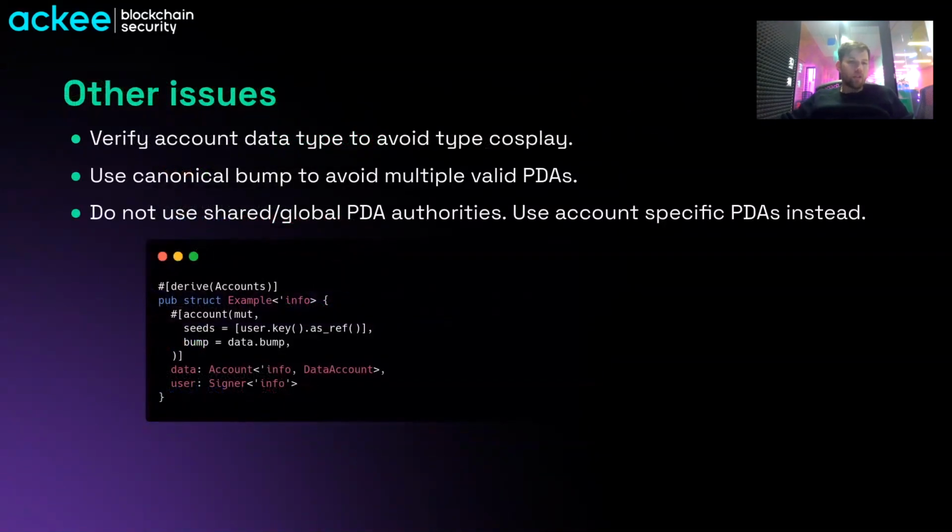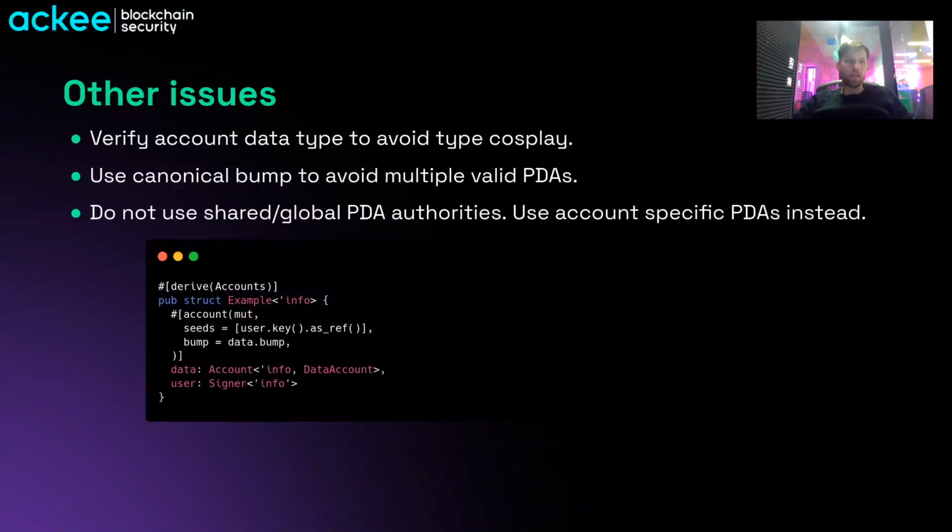And then I have also included some other issues. We don't have a lot of time, so we cannot cover all the possible issues within the time frame that we have, but I wanted to mention them anyway, so that you know that they exist. First of them is that you should verify the account data type to avoid so-called type cosplay.